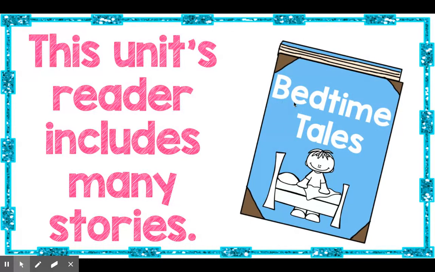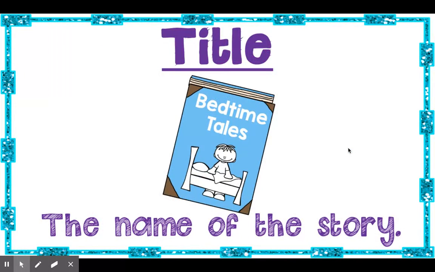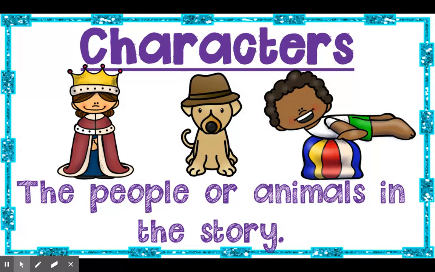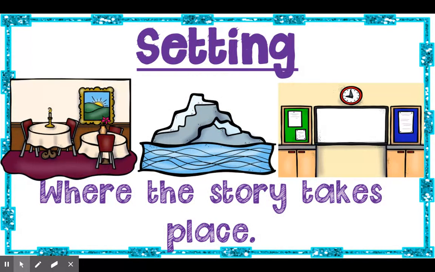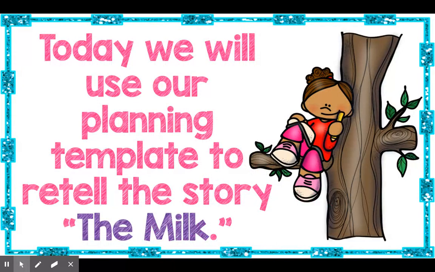This unit's reader includes many stories. We're going to be reading a story from Bedtime Tales. Let's review the elements of a story also. The title, the name of the story, characters, the people or animals in the story, setting, where the story takes place and when, plot, the problem and the events in the story.